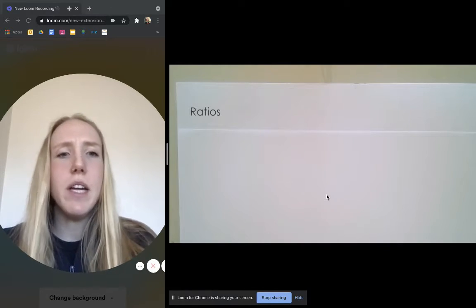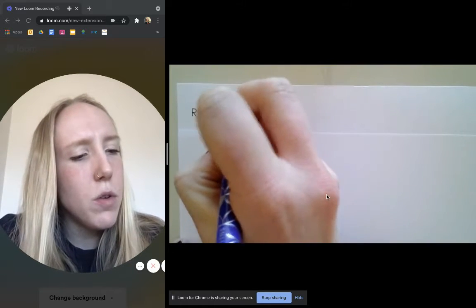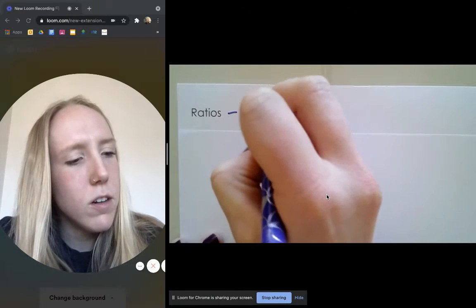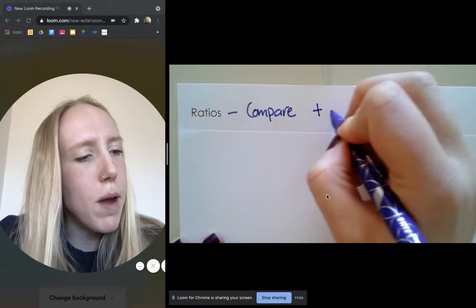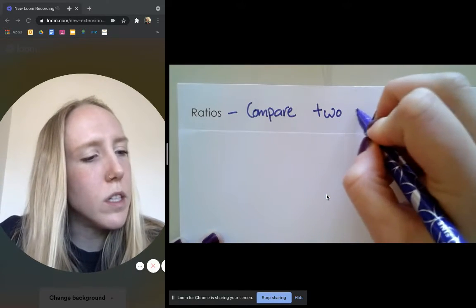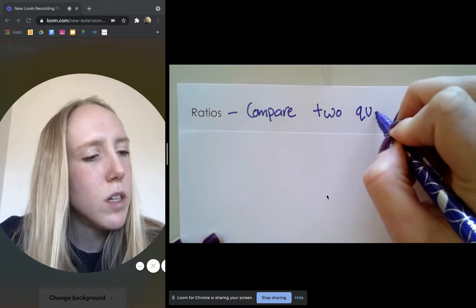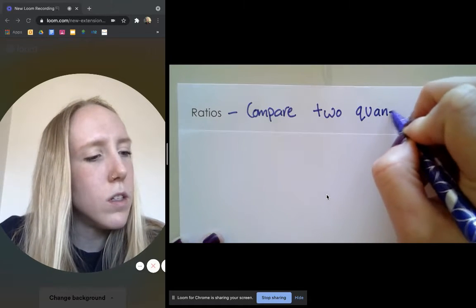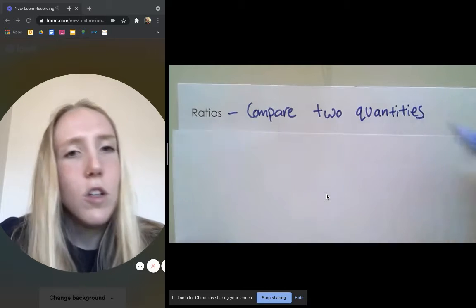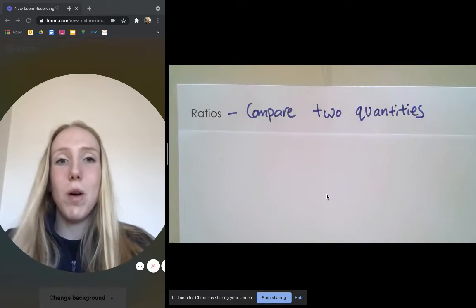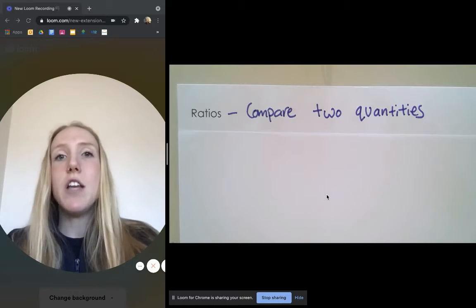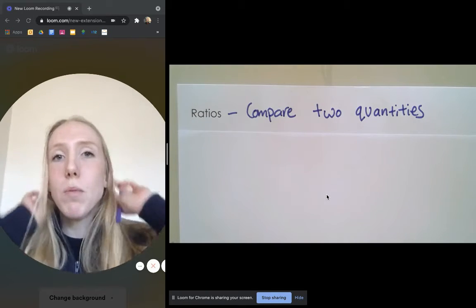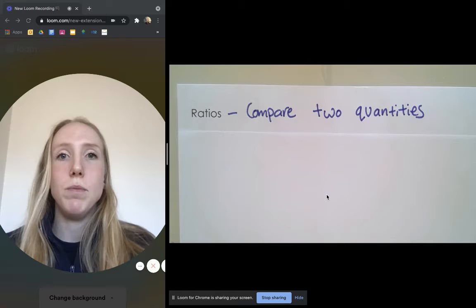A ratio is a way to compare two quantities, and quantity just means amounts. So you're basically just comparing two amounts. You've got some number of something and another number of something else, and you're just comparing them. How we write that is called a ratio.